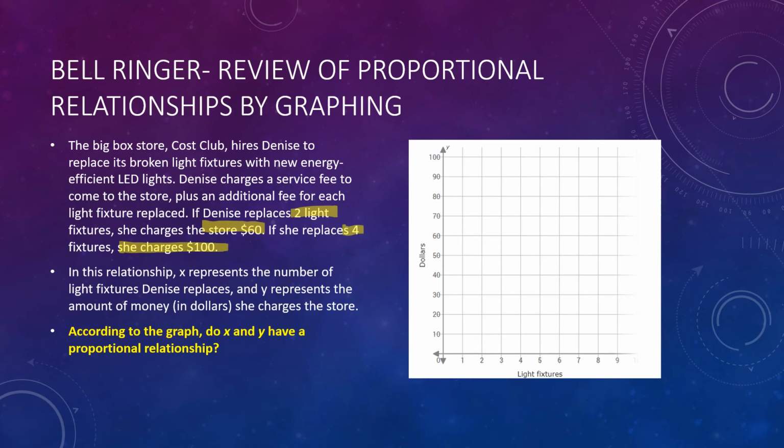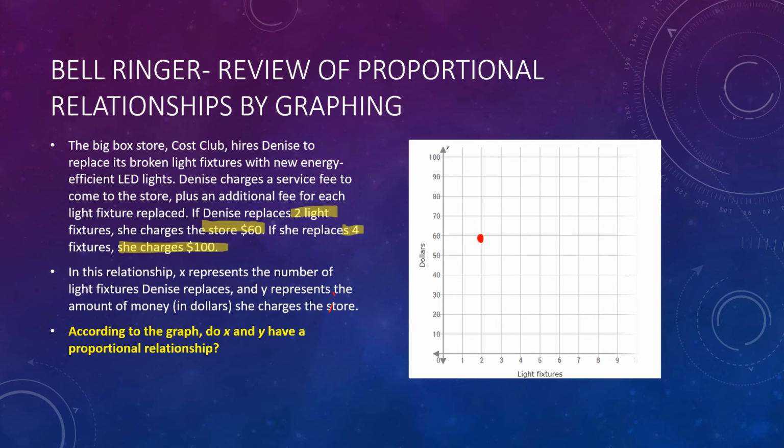Okay, so let's think about what those values or where those points are going to go on our graph. So 2 light fixtures, that's on my x-axis. So I'm going to go over to 2, and then that would cost $60. So I'm going to go over to 2 and then up to 60.